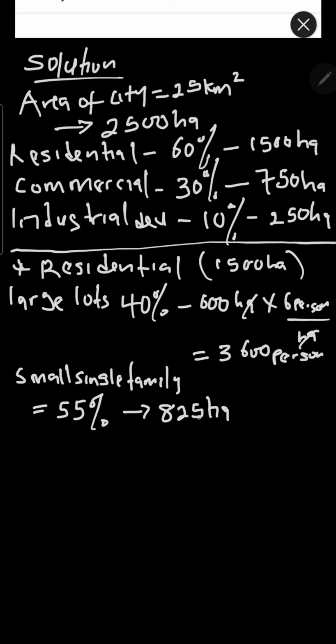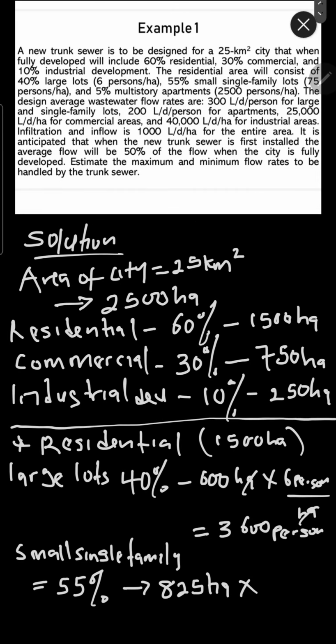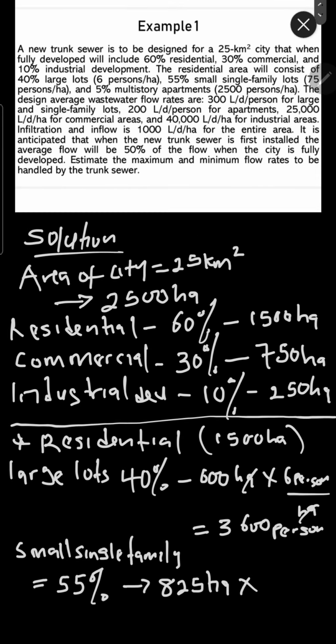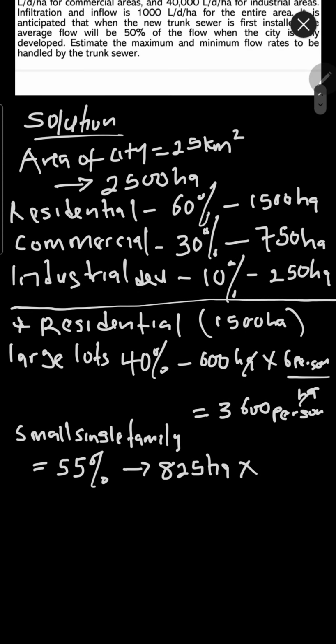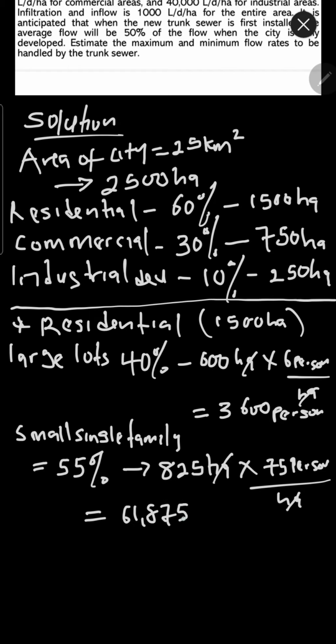The land area of the residential is 825 hectares. Then we are given the number of people per hectare, which is 75 persons per hectare. That gives 61,875 persons.